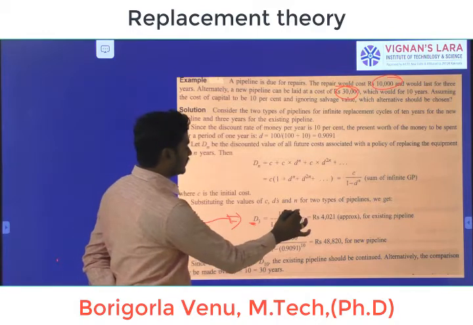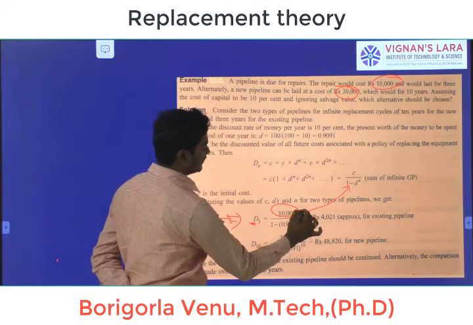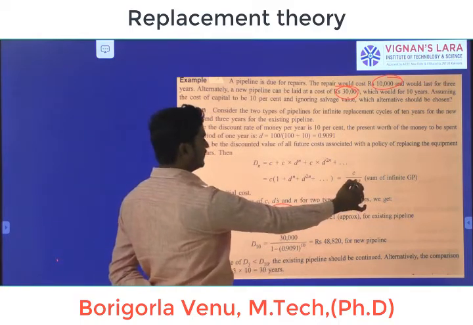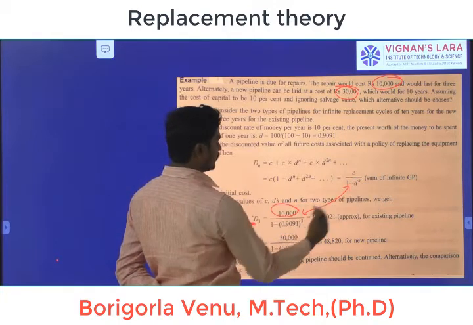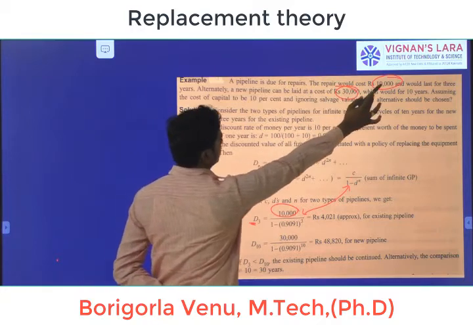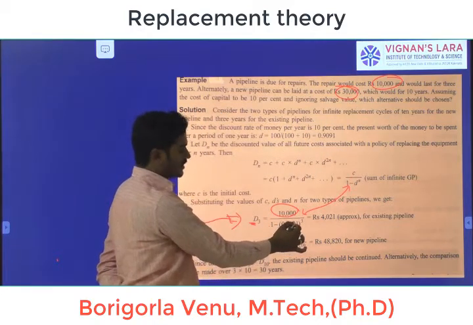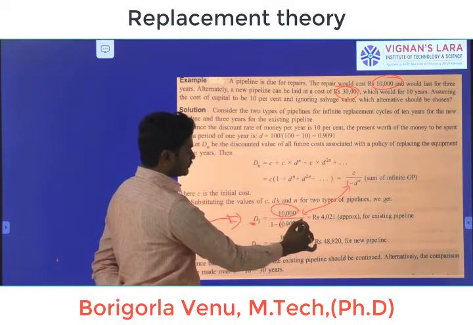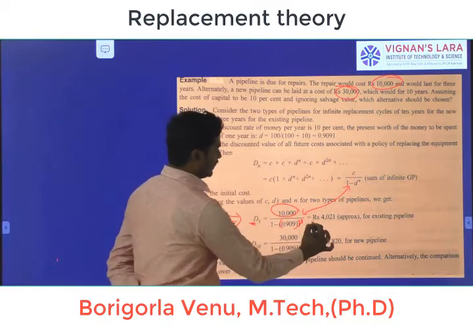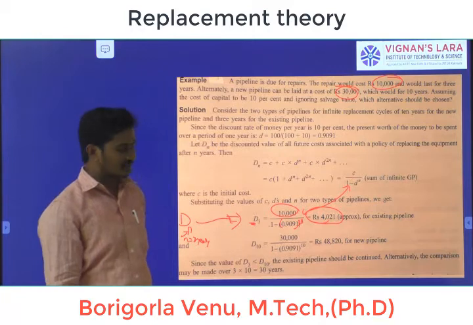Here we don't know the total replacement years, so simply I take the infinity case: c by (1 minus d power n). The capital cost for 3 years they are given is 10,000. So 10,000 by (1 minus 0.9091 power 3). This is for 3 years. So we get rupees 1421 approximately for the existing pipeline.